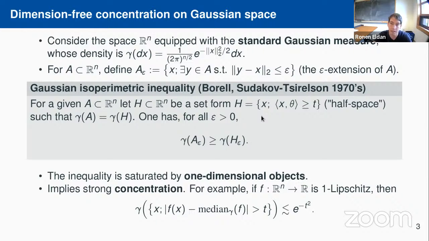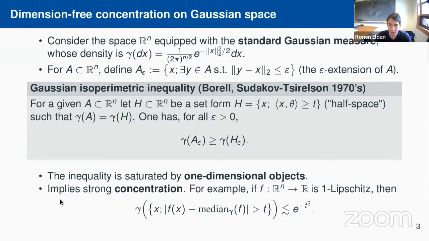Now, since the Gaussian measure is both rotationally invariant and a product measure, it's pretty easy to see that the quantity on the right-hand side does not depend on anything except for the value of epsilon and the measure of the set A. It does not depend on the dimension. So in this sense, the inequality is dimension-free, because if I write the expression for what this quantity is equal to, it will not depend on the dimension.